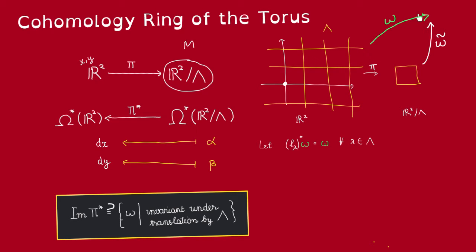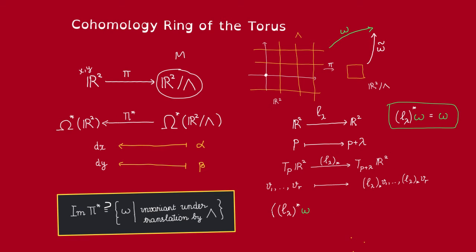Alright, so let omega be a smooth form on R2, such that omega is invariant under translation by element of the lattice. Where here, remember that L lambda is the map from R2 to R2, sending point P to P plus lambda.